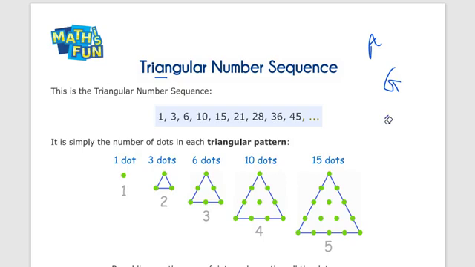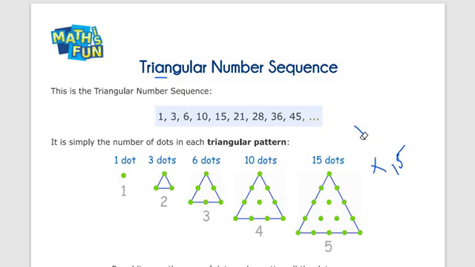It is useful for finding the nth term, like the 10th term or 15th term. First of all, we have to know the rule of the sequence.